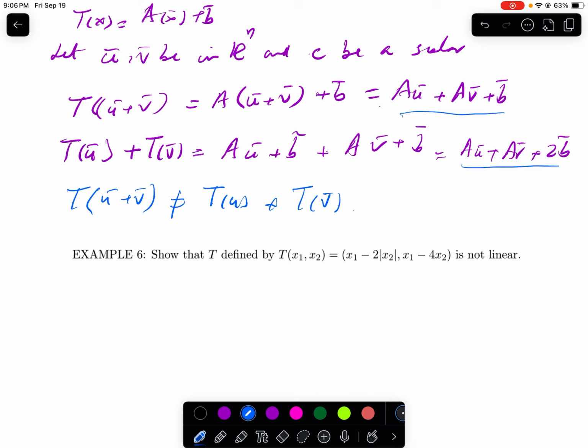Hence, T is not linear. Okay. Next example.